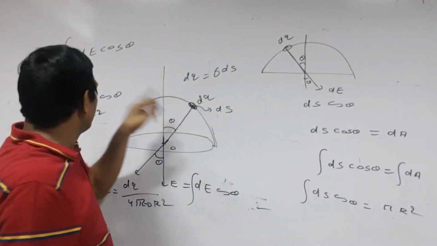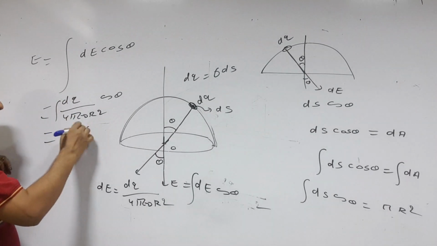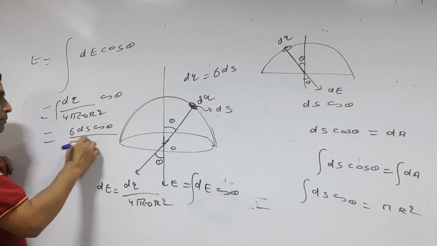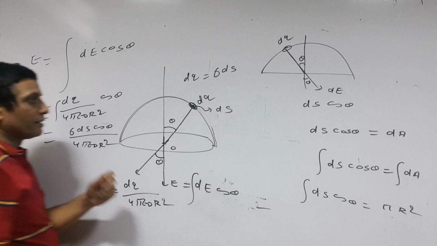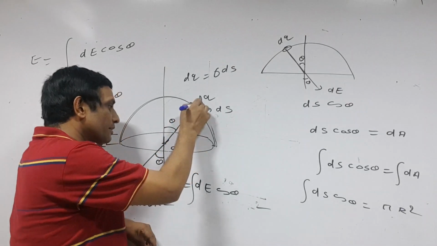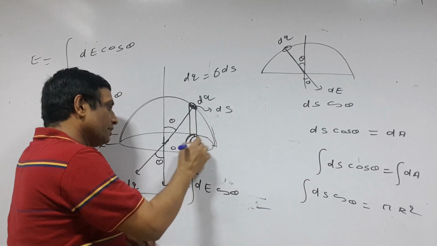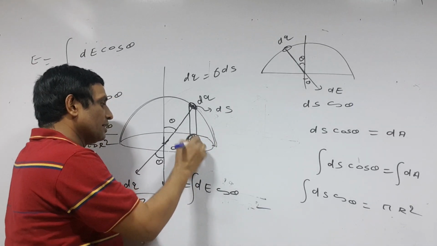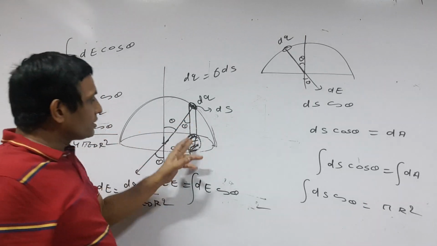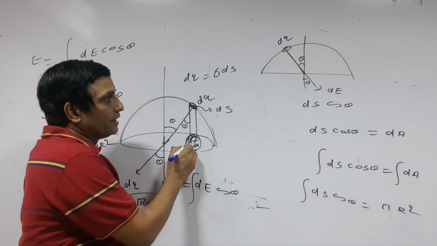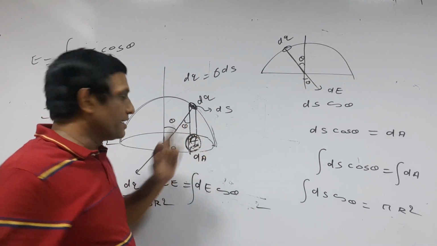By putting the value of dq, we get a very simple result, sigma ds cos theta upon 4 pi epsilon naught r square. Here ds cos theta is this area, and this area will be dA according to the concept of affected area.